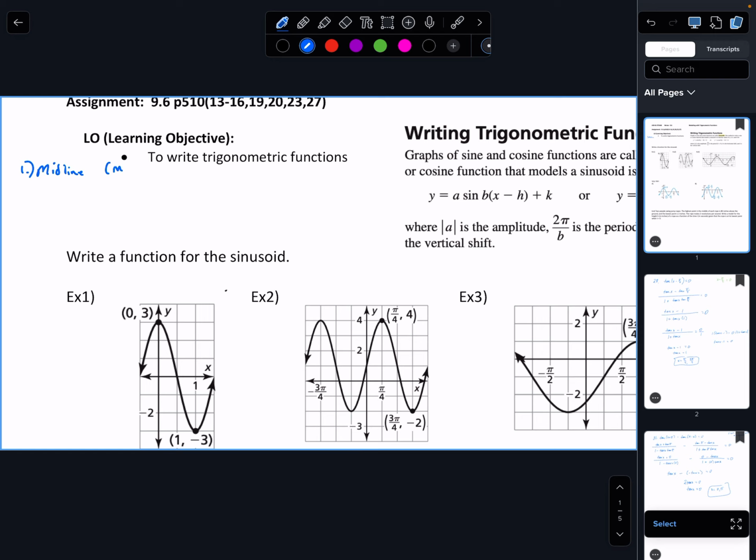And the midline is your max plus your min divided by 2, and it'll be y equals that. So you get it by finding max plus min divided by 2. Your second step is to choose whether it's sine or cosine and determine if there's a phase shift. There may or may not be a phase shift.